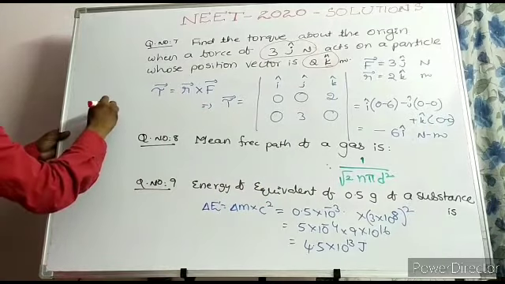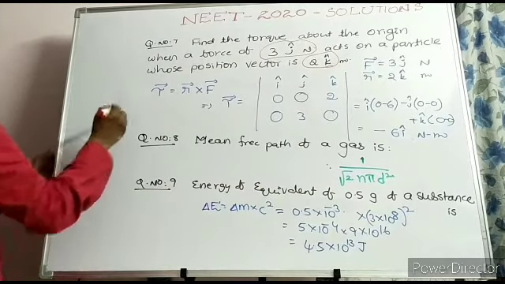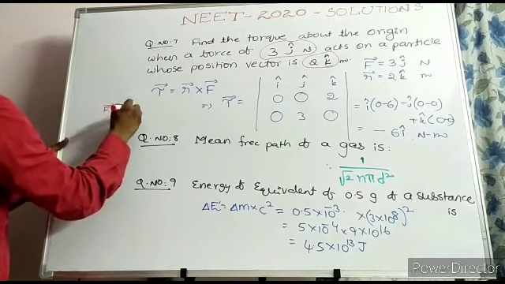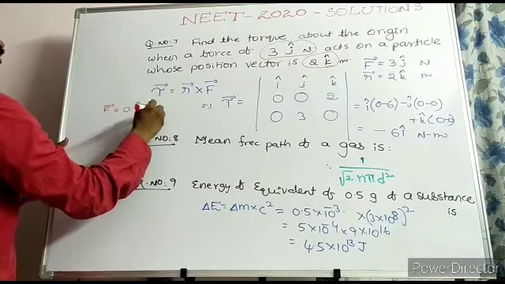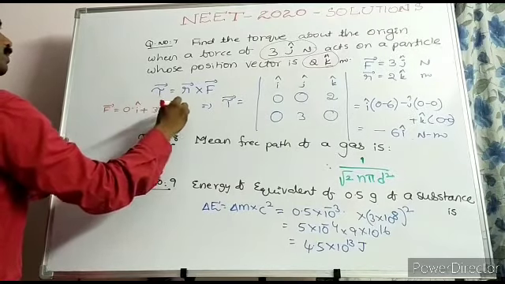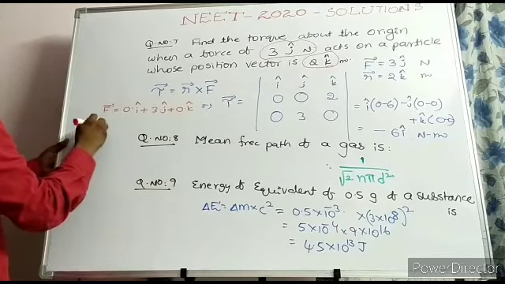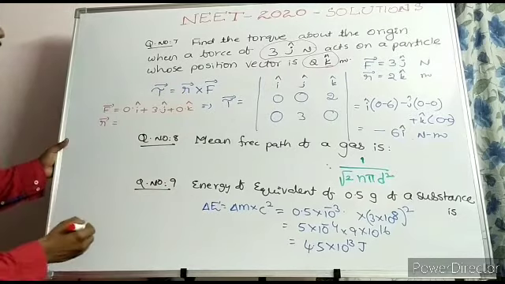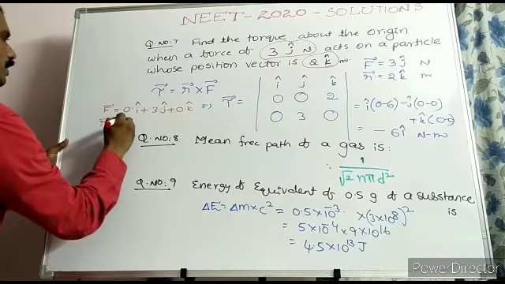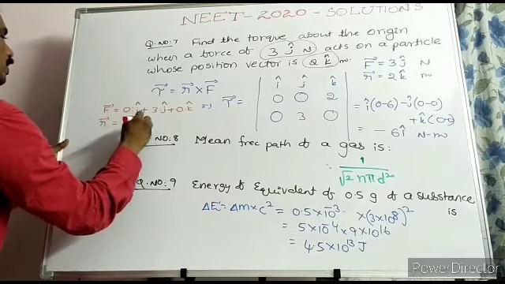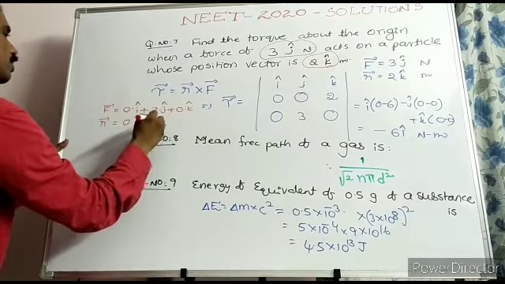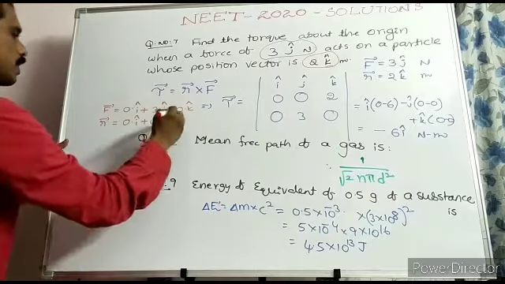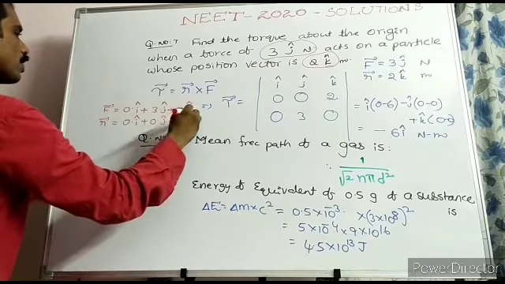So F bar can be written as 0 i cap plus 3j cap plus 0k cap, as well as R bar given as 0 into i cap plus 0 into j cap plus 2k cap.